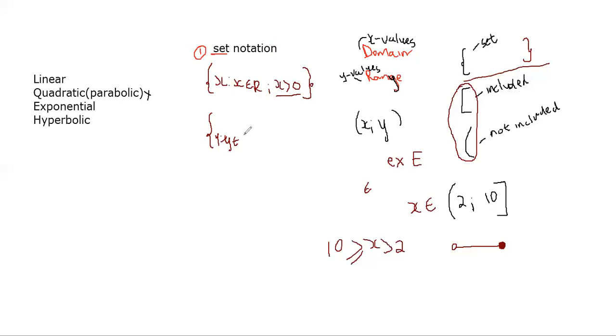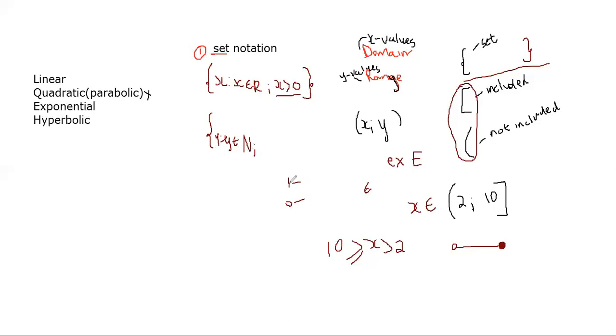Let me say y is an element of natural numbers, right? We know that natural numbers are all numbers from 1 until infinity, not including 0. But whole numbers are numbers from 0 until infinity. So they say y is an element of natural numbers.